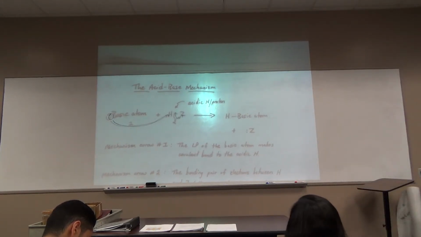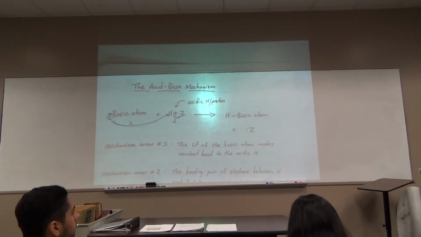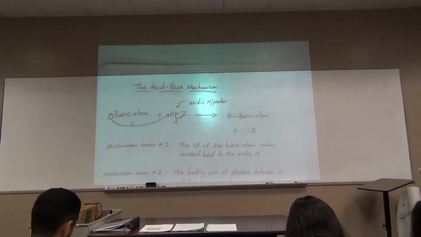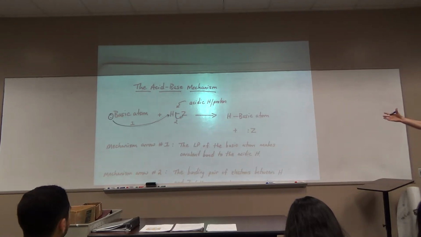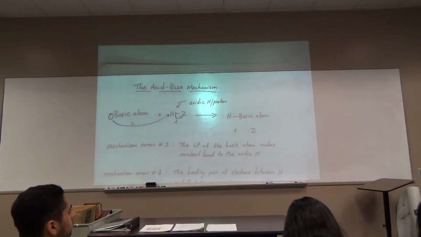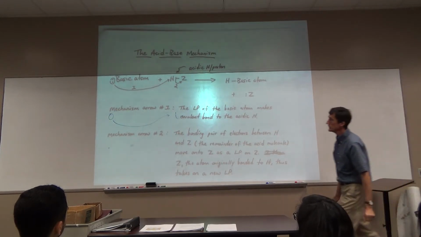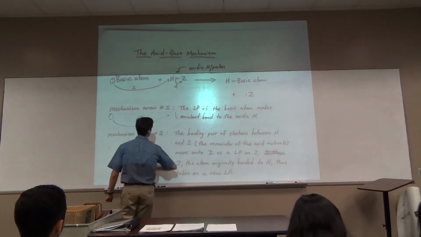And guess what? The previous page with the acid-base, you do it the same way. Any Bronsted-Lowry acid-base reaction right there, right? Hopefully you talked about this in Gen Chem and you were able to do any acid-base reaction.